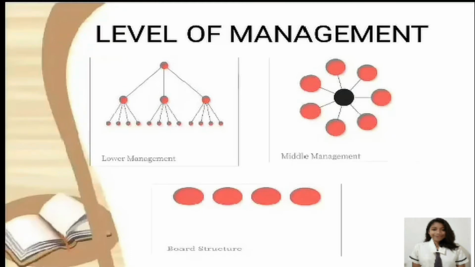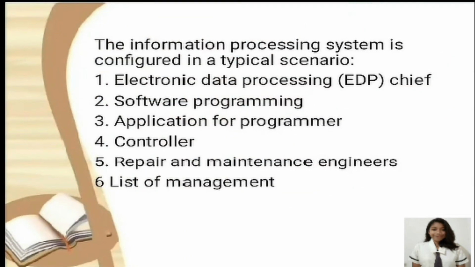So next, we have here the information processing system as configured in typical scenarios. Number 1, electronic data processing or EDP. EDP can refer to the use of automated methods to process commercial data.